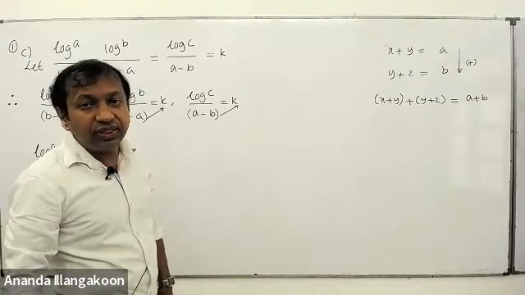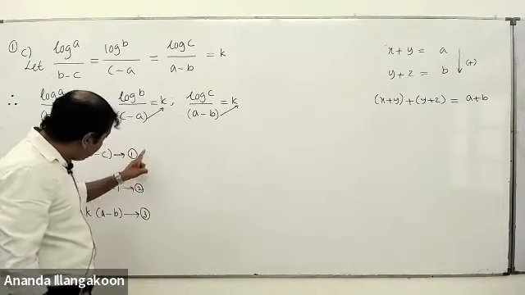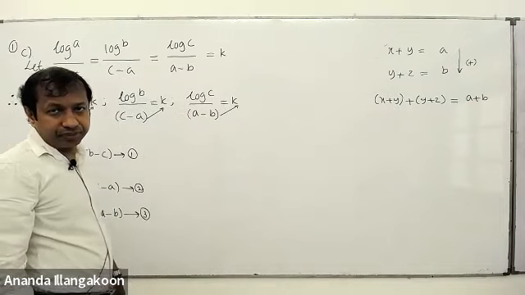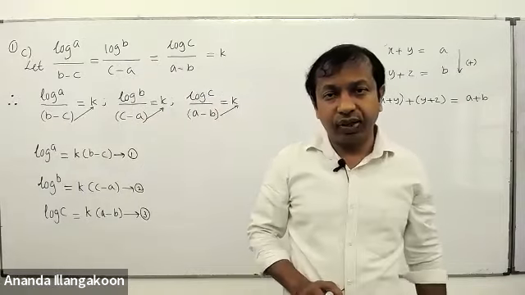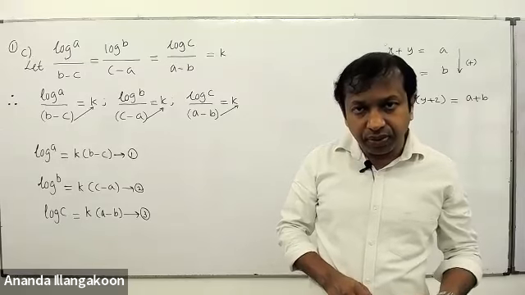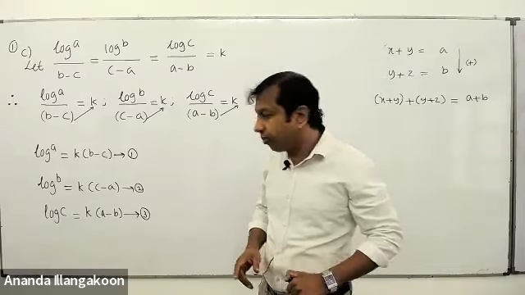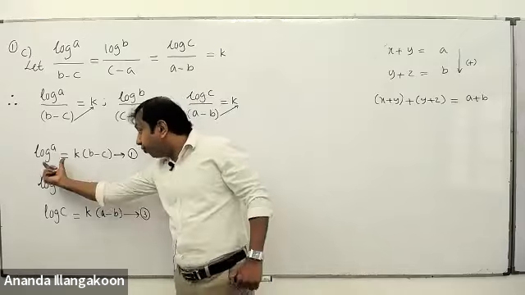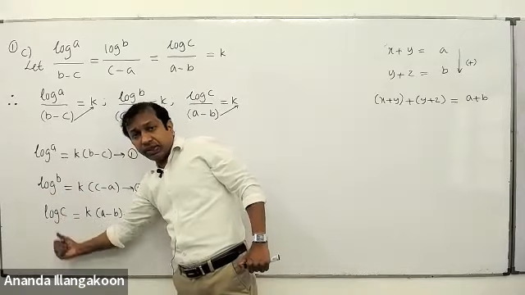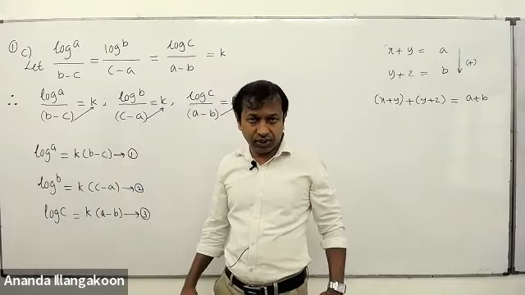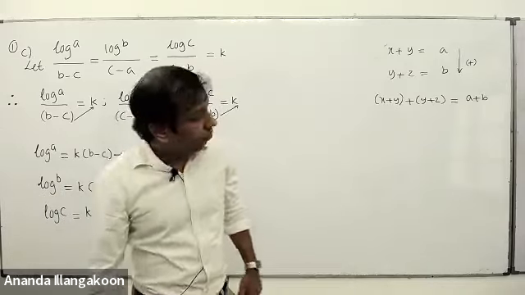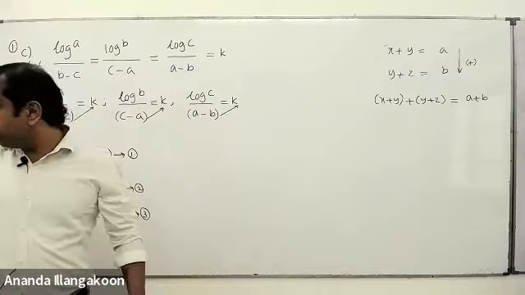Now here to get the answer, these three equations we add: 1, 2, 3. The three equations we add together. When we add them up, we have to add the left hand side separately and the right hand side separately. Then we'll write that line.